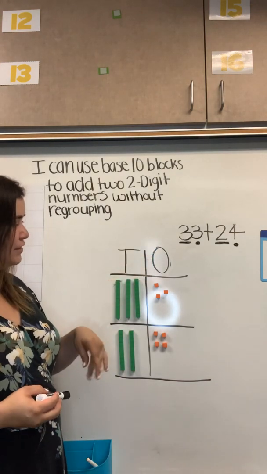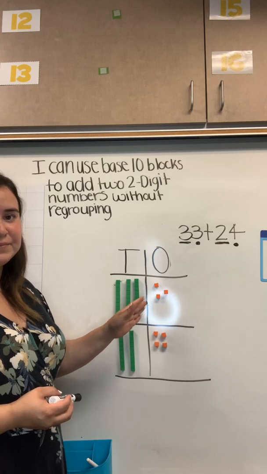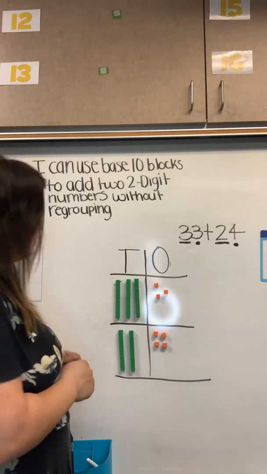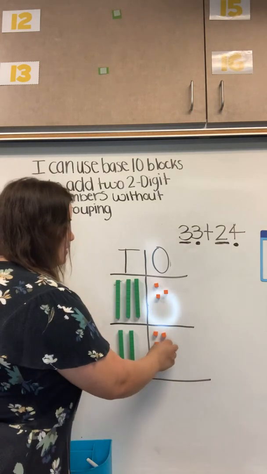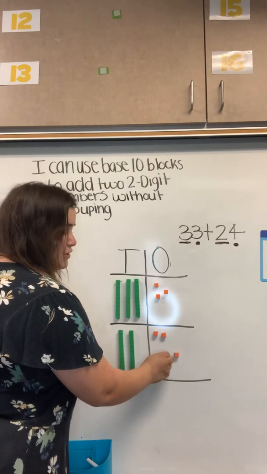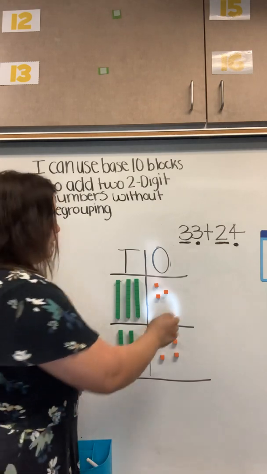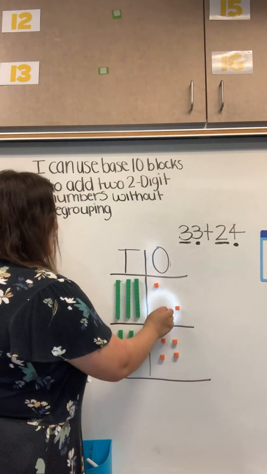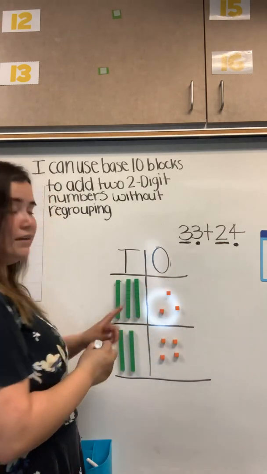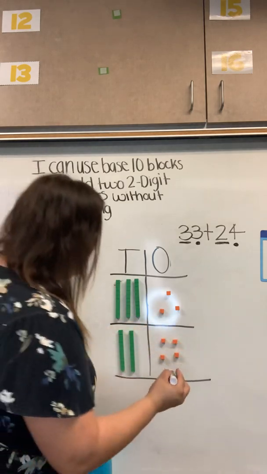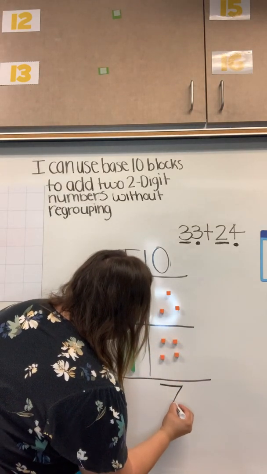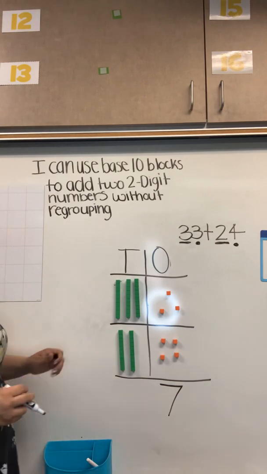Next thing we're going to do is count the ones place. The ones place is 1, 2, 3, 4, 5, 6, 7. So we found out that we have 7 ones. We're going to write 7 right underneath.